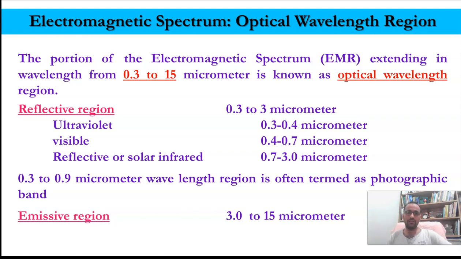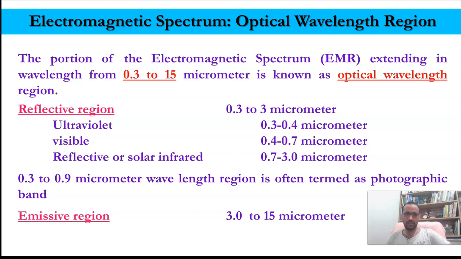Then we have different regions inside of it. The reflective region is from 0.3 to 3 micrometer. This is very important, because this portion is reflected to the satellite from the Earth. This is the most important part to understand, which provides different types of data.